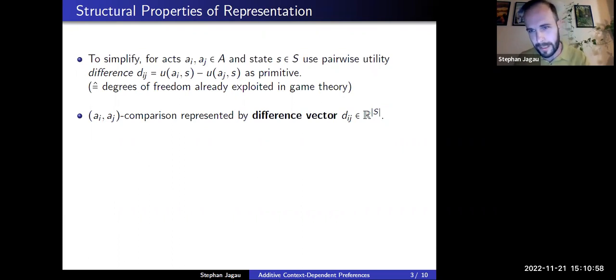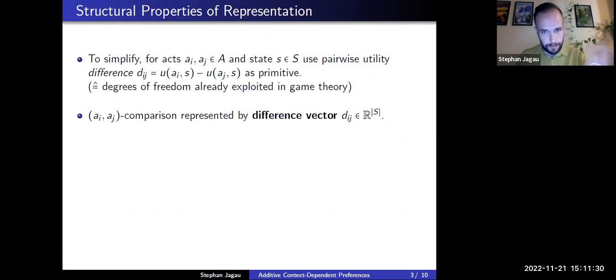If you think about it, that's actually a degree of freedom that you would normally exploit in game theory already, because we used to add a constant to every column of a payoff matrix. We used to multiply all those payoff matrices by constant terms, and we don't think that's going to matter. That's also not affecting the best response correspondence. So in some sense, what I'm doing here is I'm just going to filter out these degrees of freedom.